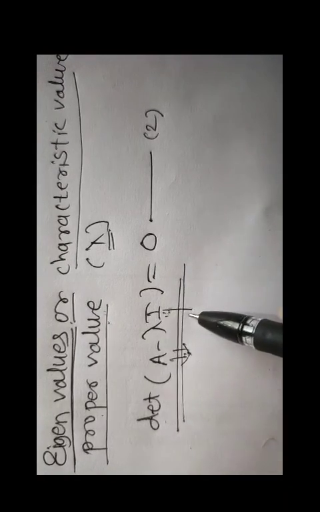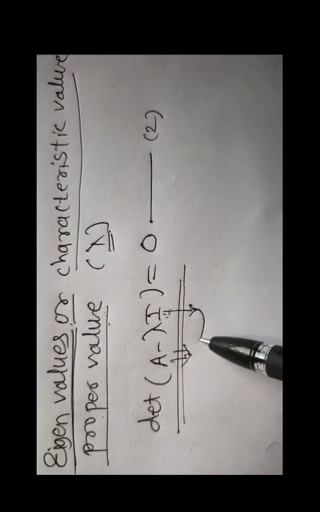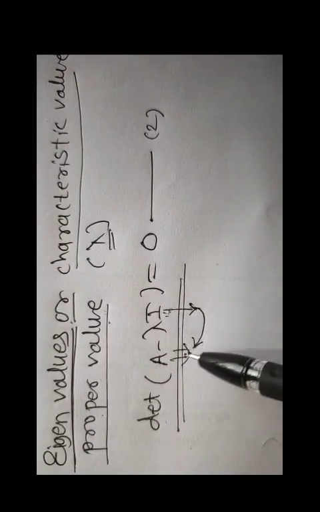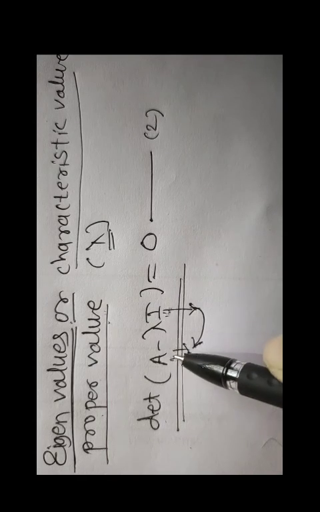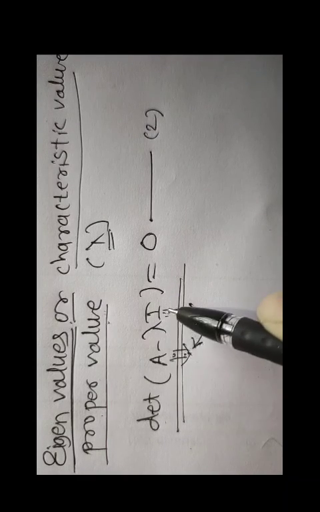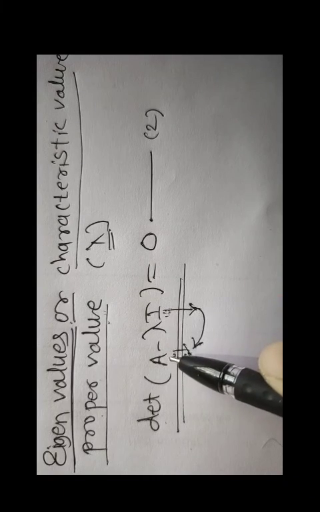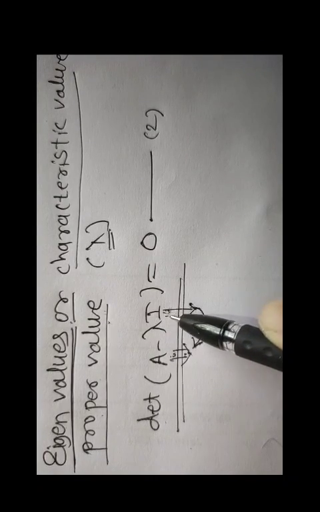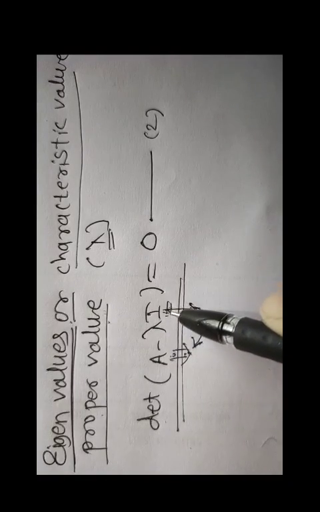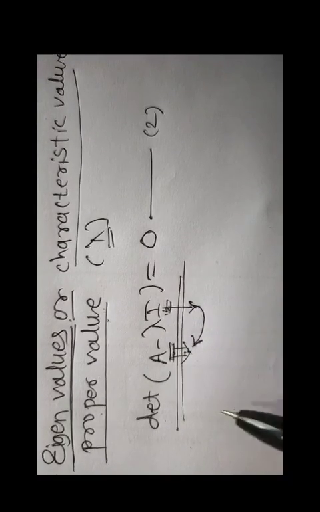If the order of matrix A is n, then the order of matrix I is n, so the order of matrix I depends upon the order of matrix A.